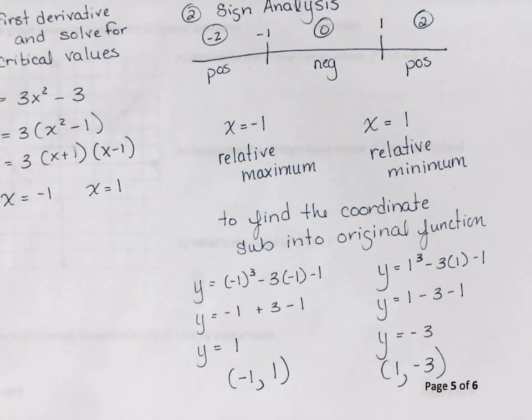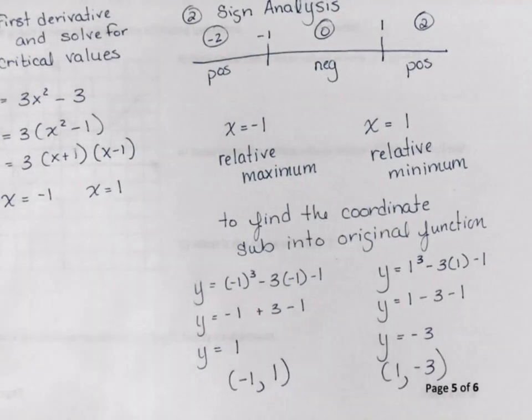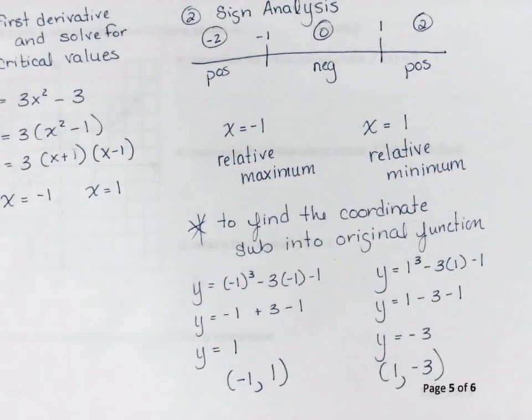If I ask you to find the coordinates of the relative max and min, you have to go back and sub into that original equation. Does that make sense? It's not hard, but it just takes some thinking and keeping all of this straight. And I think that's the challenge in all of this.